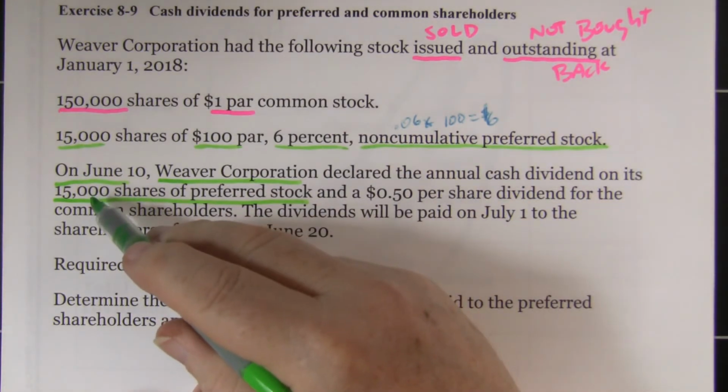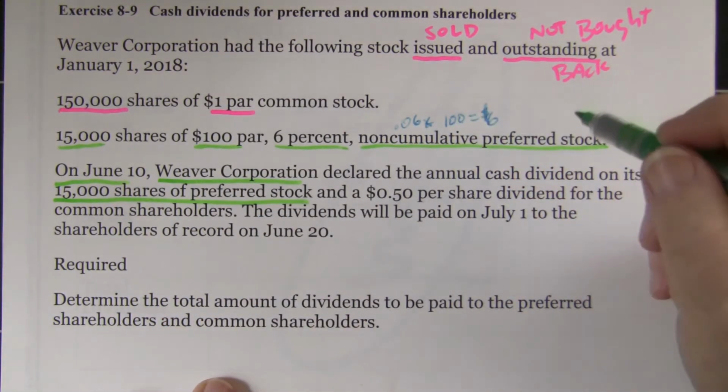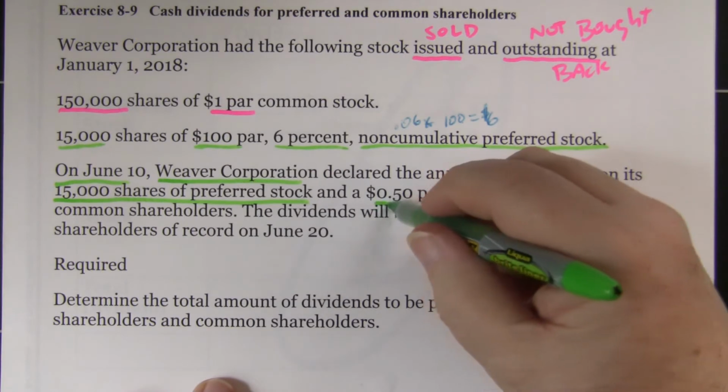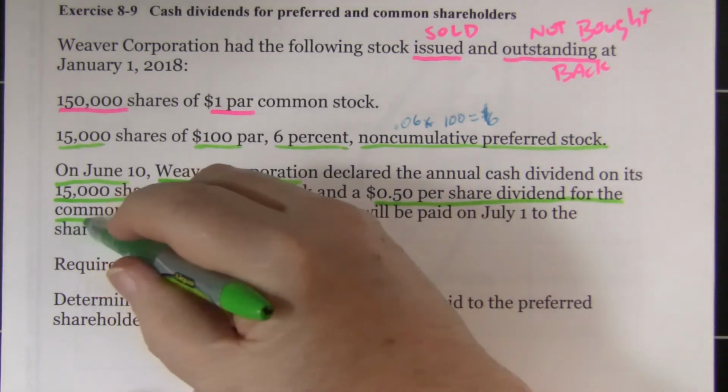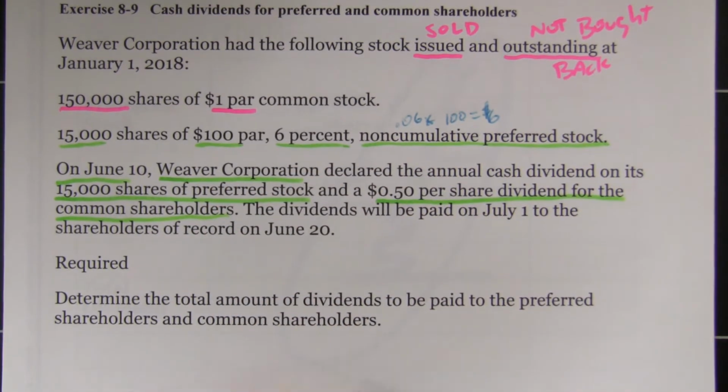So that's 15,000 times the $6, and 50 cents per share on the common. So it wants us to figure out what is the total amount of dividends. Once you understand the accounting babble, the math is really pretty straightforward.